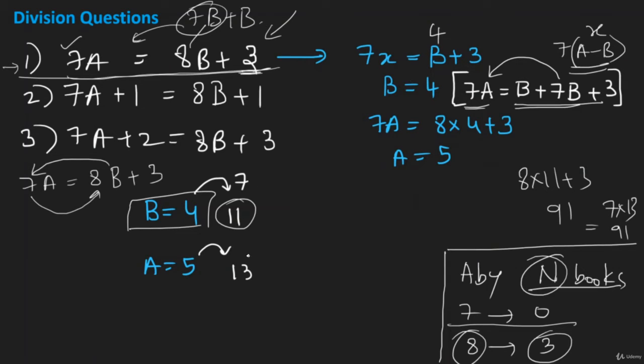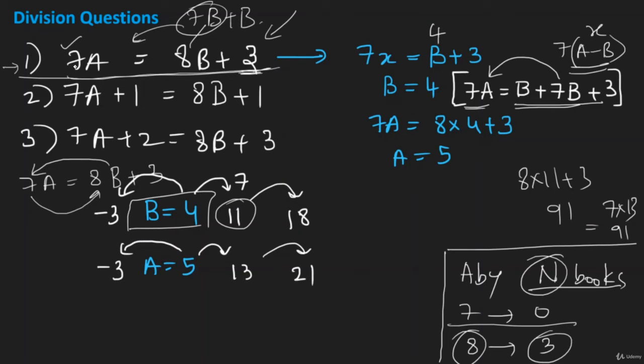So this is correct. Now what would be the next solution over here? It would be 11 plus 7, that's 18, and similarly the next solution for a would be 13 plus 8, which is 21. And it moves like that. You can also move back. If you want to go in this direction, you have to do 4 minus 7, which gives minus 3, and 5 minus 8, which also gives minus 3.